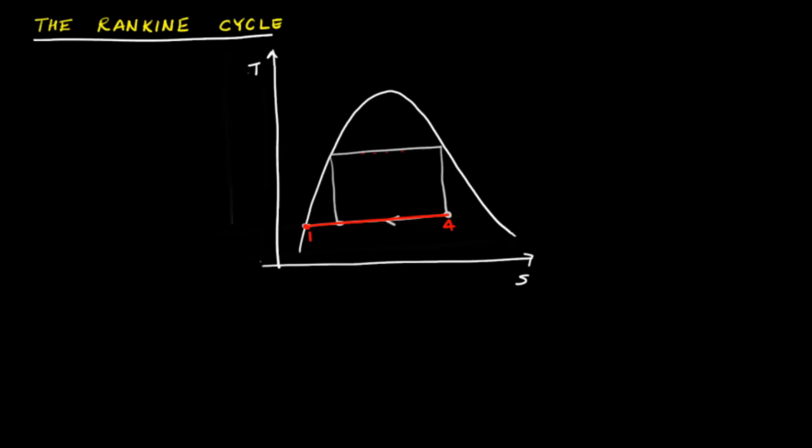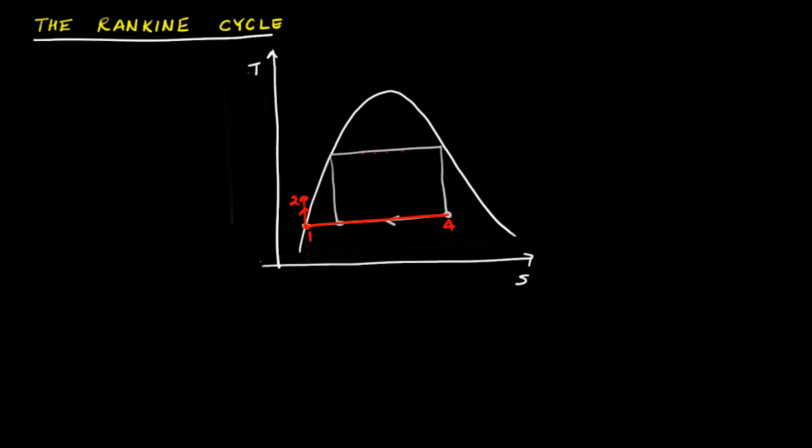So now we have a liquid, in particular a saturated liquid, that we need to pump to a higher pressure. So this liquid is pumped to state 2 at higher pressure, and in the ideal cycle that is done through a reversible adiabatic compression. Therefore the entropy remains the same at states 1 and 2.